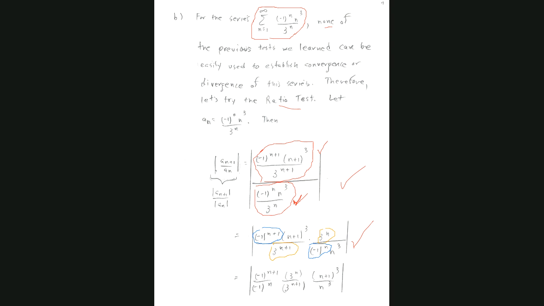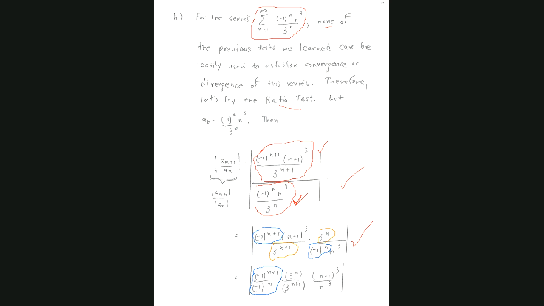Okay. So -1 to the n plus first power over -1 to the nth power, what does that equal? The base is -1.